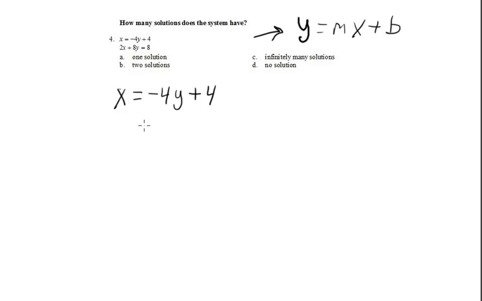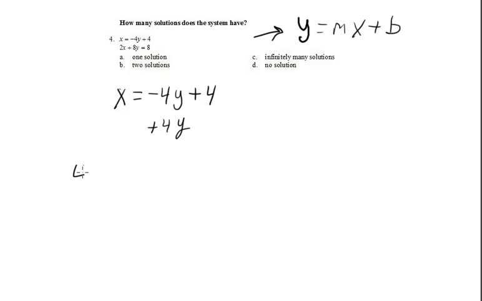Okay, so here we have two more. It wants to know how many solutions. Let's get them both in y equals mx plus b form, then it'll be really easy to compare them. So this first one, x equals negative 4y plus 4. Well, I want it to look like this when I'm done. So I'm going to add 4y to both sides.